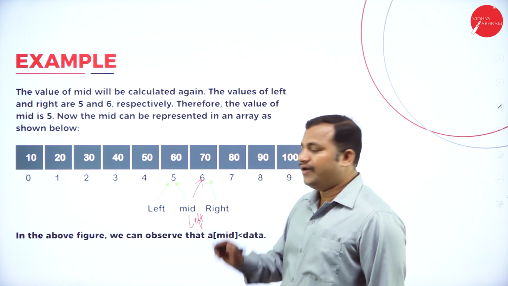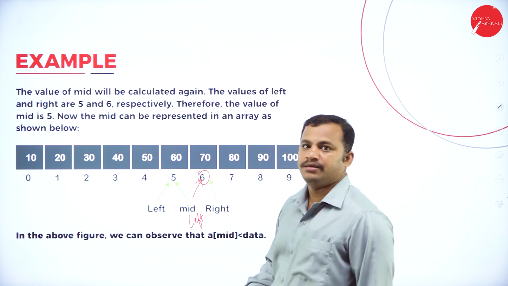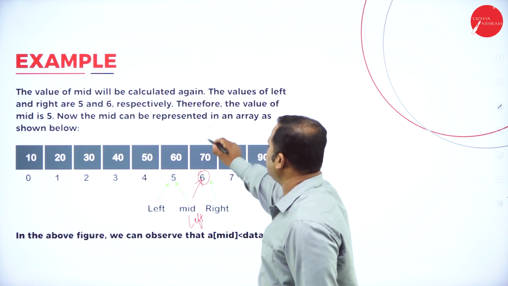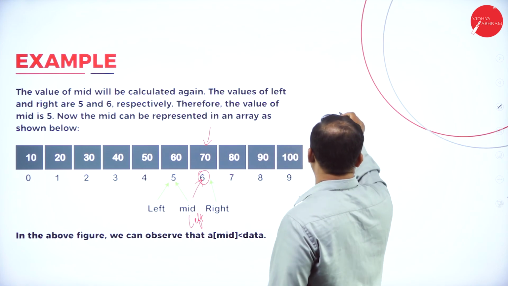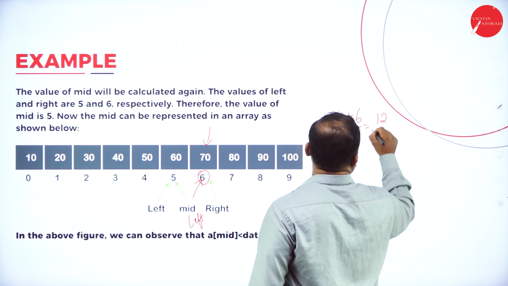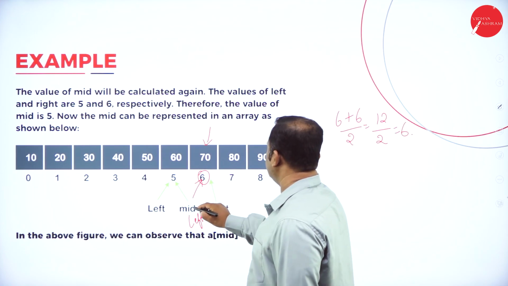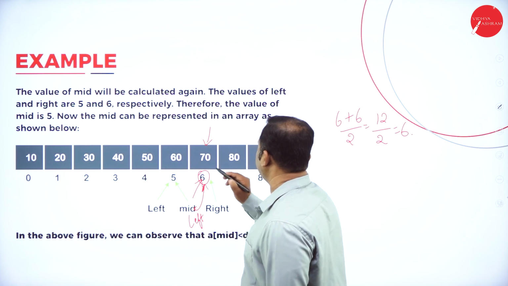Now, left and right both are pointing to the index number 6. That is 70 is the item. Now, left 6 plus 6 by 2 is 12 by 2, that is equal to 6. Now, mid becomes equal to 6. This shifts from here to here.